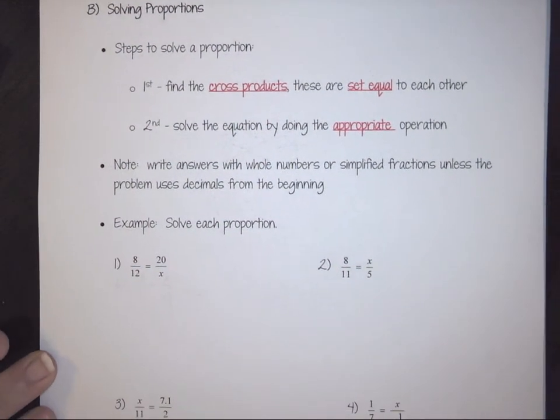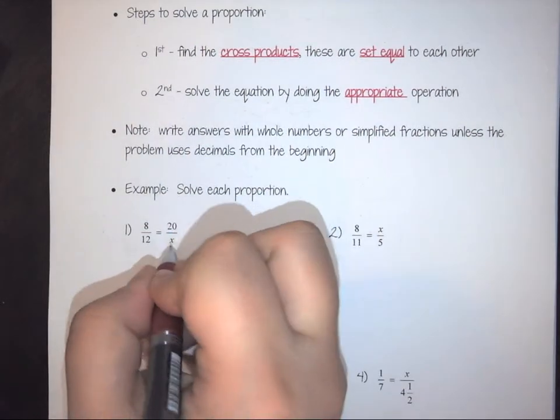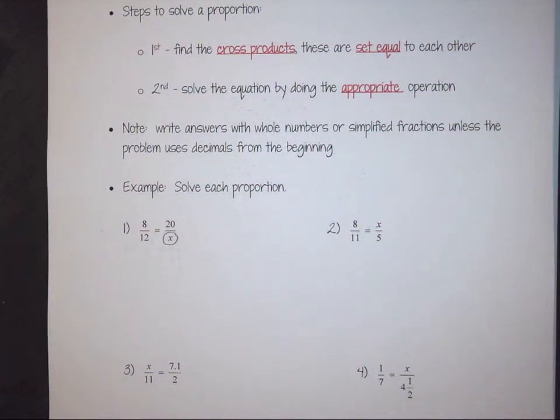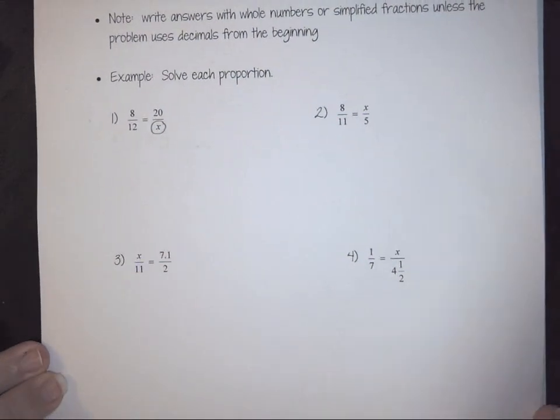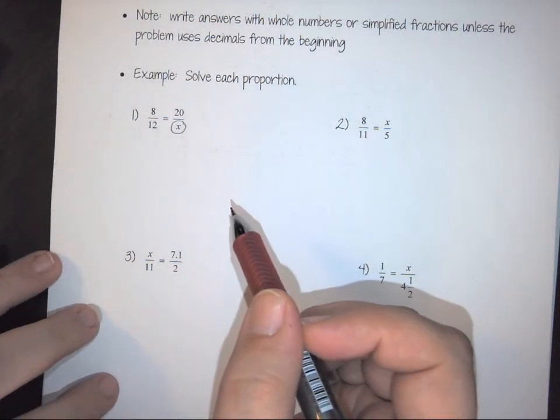Now, solving proportions is going to be doing the exact same thing, only you can see we have a variable in one of our places. So let's go ahead and solve these proportions here. First, again, we're going to use the cross product.